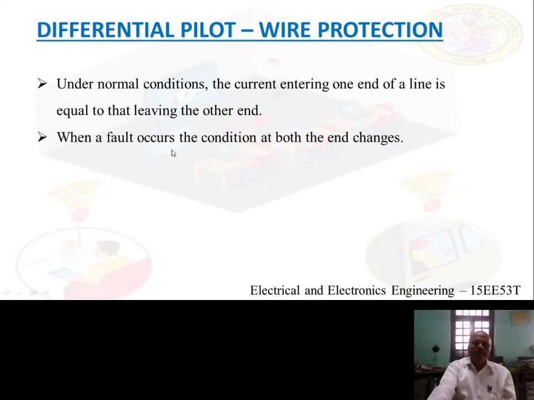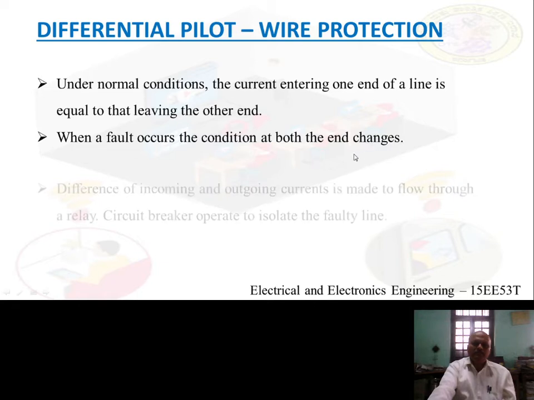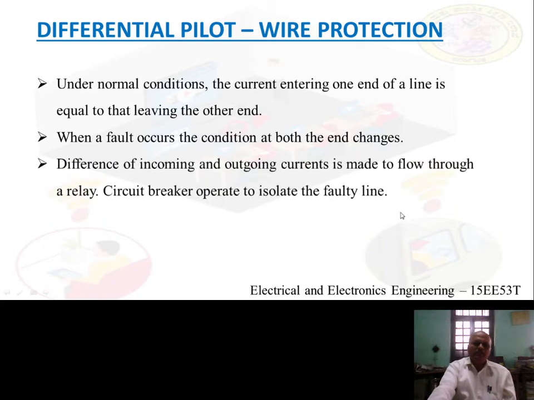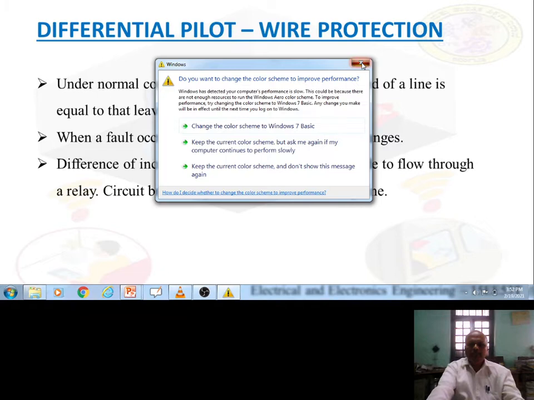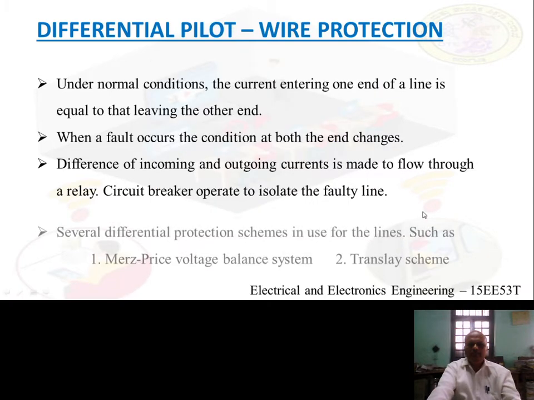Whenever a fault occurs on the line, this condition changes. That is, the current entering at one end is not equal to the current leaving the other end. The difference of incoming and outgoing currents is made to flow through a relay coil which operates the circuit breaker to open the line or separate the faulty line.